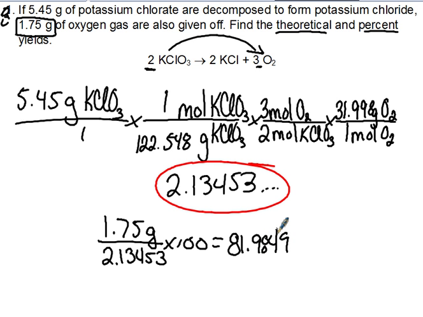I never round until the very end. So rounding, I have 3 sig figs, 3 sig figs, 3 sig figs. Now, this 8 tells me that I need to round up that 9. When I round up that 9, it becomes 10, so this becomes a 0, and that 1 becomes a 2. Giving me 82.0, we have to include this 0, it is significant, percent.